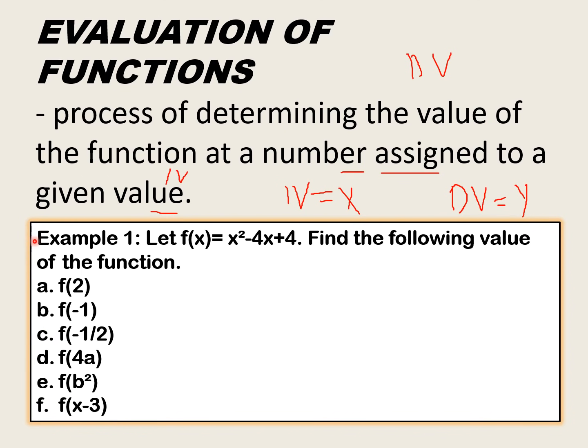Okay. So, we have here this box, and this box contains values 2, -1, -1/2 for ab squared x minus 3. Now, according to example number 1, let the function of x be equal to x squared minus 4x plus 4. So, it means that this expression will process the values of x for us to get y. Okay? We process the values of x for us to get y. Now, find the following value of the function.